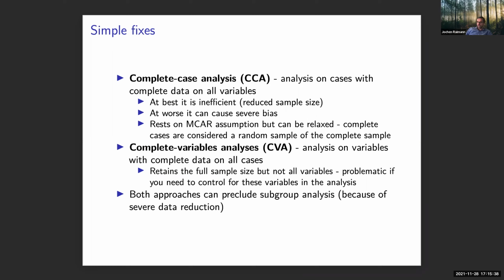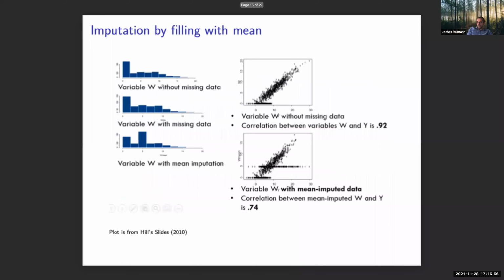So this is a problematic approach. Both approaches essentially can preclude subgroup analysis because data reduction or variable reduction may be the case for both. So these subgroup analyses are going to be quite complicated in this context.